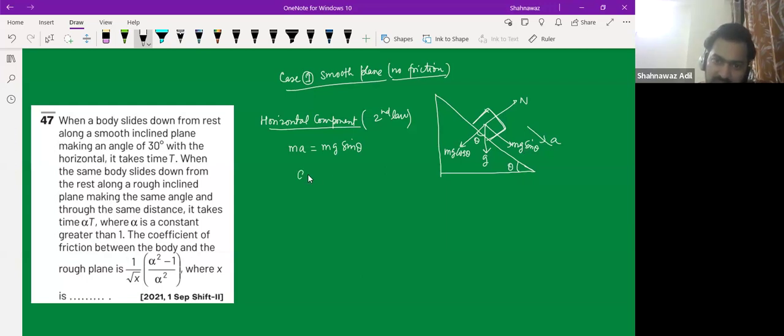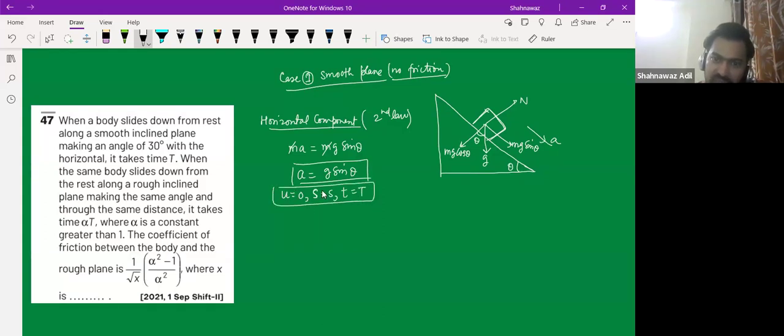So this is a, and this is g sin theta. You can see that this is a constant. Angle theta is constant, g is constant, so this a is uniform. It is moving from rest, u is 0, and it is covering, let's say, some distance s in time t.